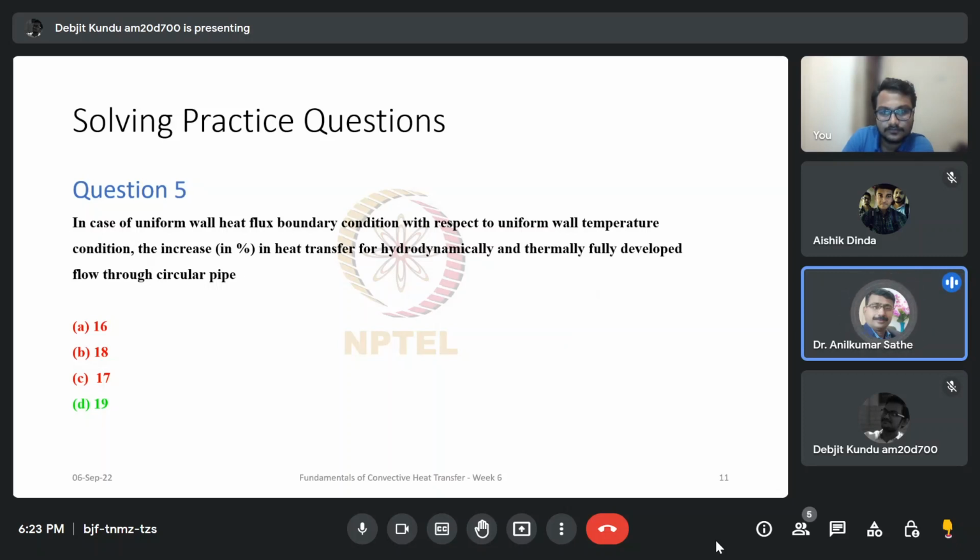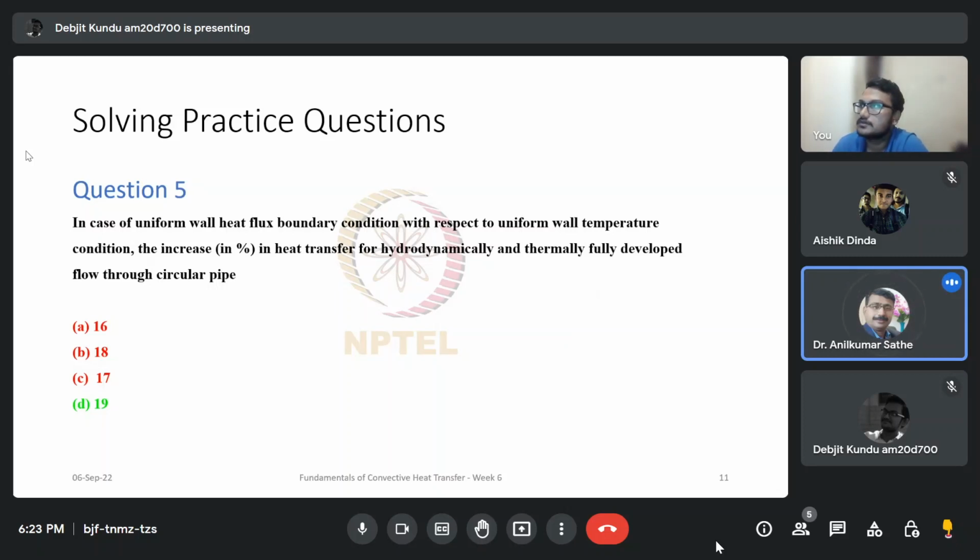What they have given in the assignment question, the condition is not given. Circular pipe is not mentioned. Means probably they have made a mistake. They have not mentioned circular pipe, they have not mentioned parallel plate channel, and only the initial sentence is there.